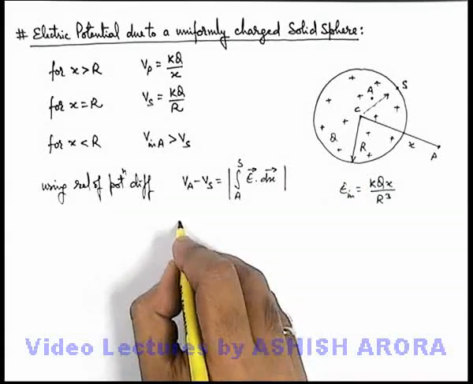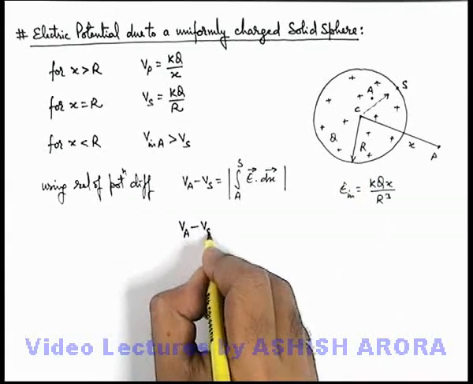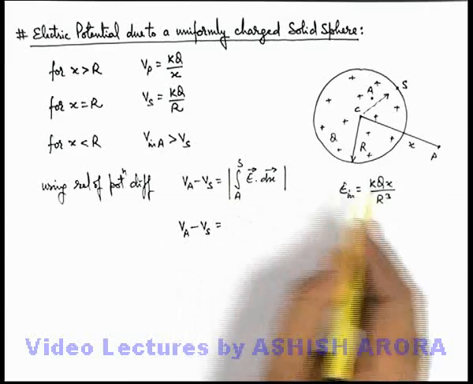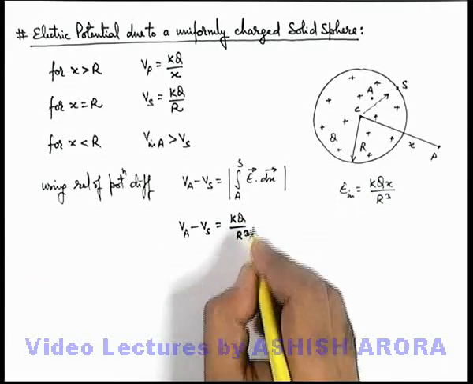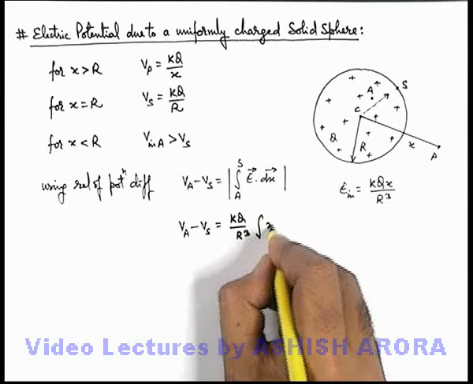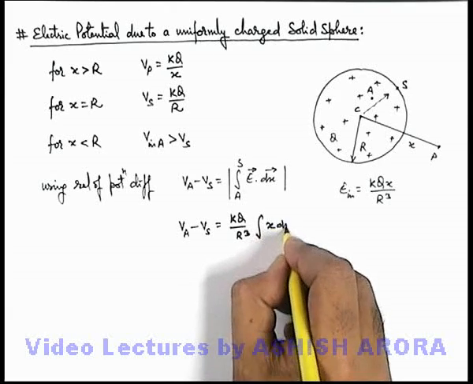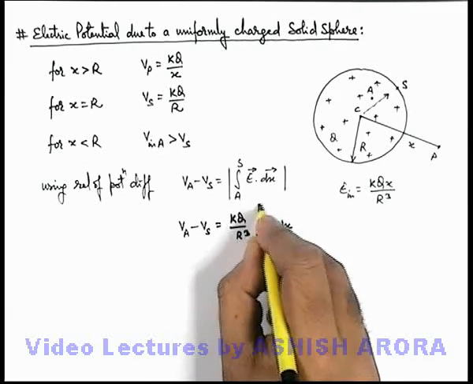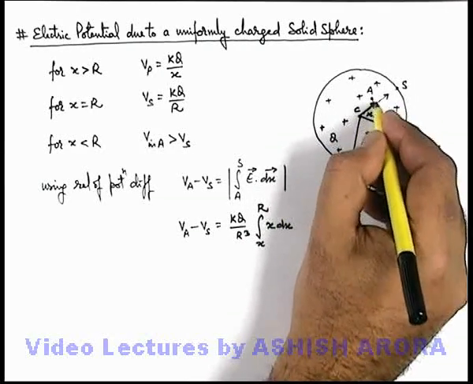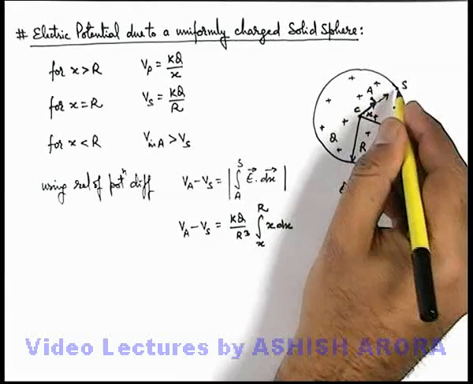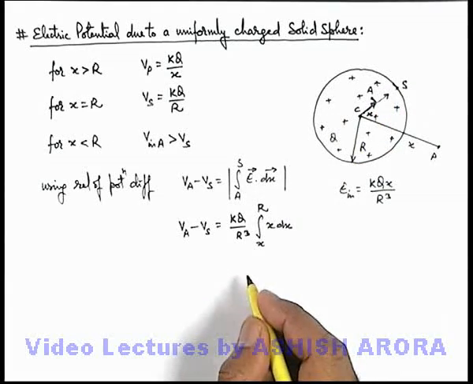We substitute it, and you can see we are getting VA minus VS is equal to kq by r cube, which will be common out, times the integration of x dx, integrated from x to r, because if point A is located at a distance x, then point S is at a distance r from the center.